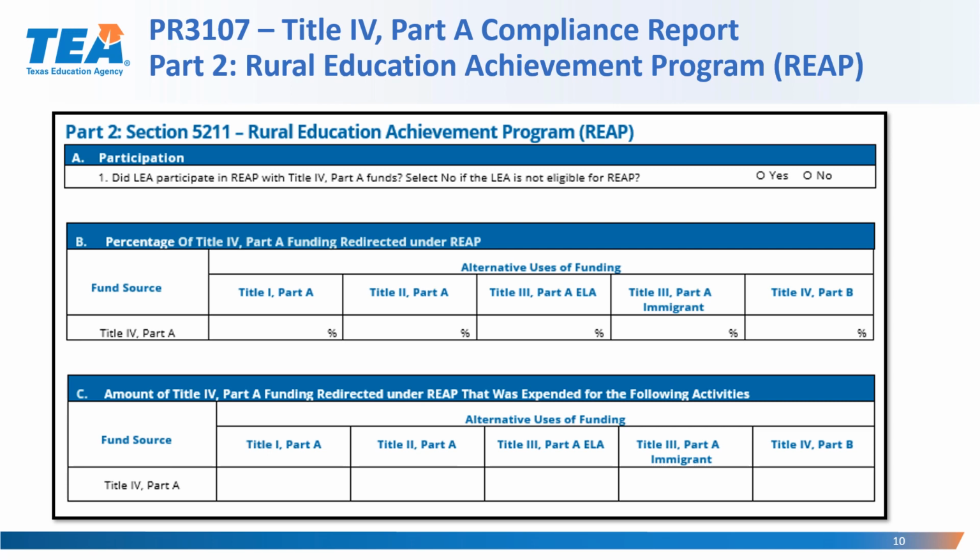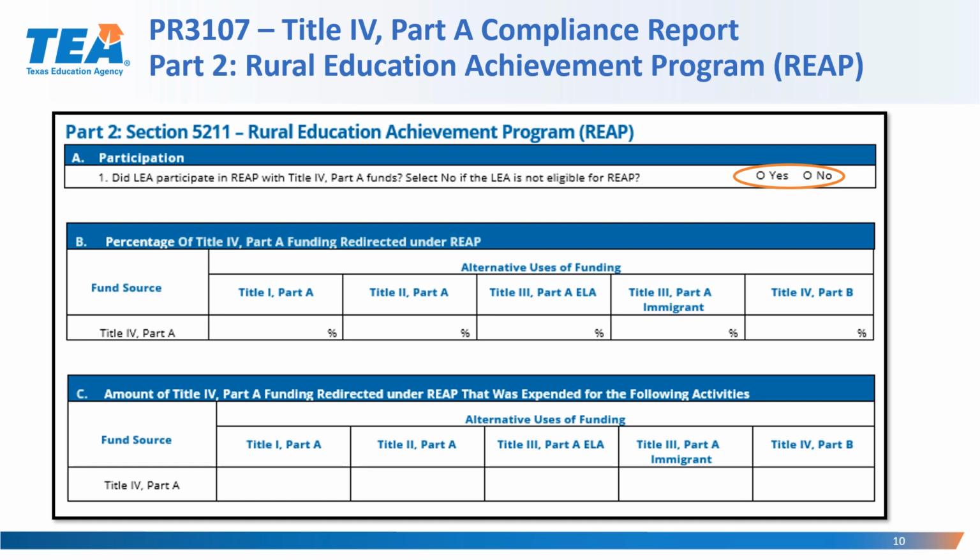In Part 2A, select Yes or No to indicate whether the LEA participated in REAP with Title IV Part A funds. If an LEA selects No, Part 2 collapses. The LEA then skips to Parts 3 and 4. If Yes is selected, the LEA will complete Parts 2B through 2C.